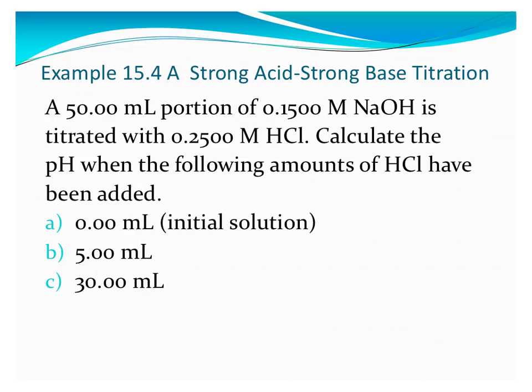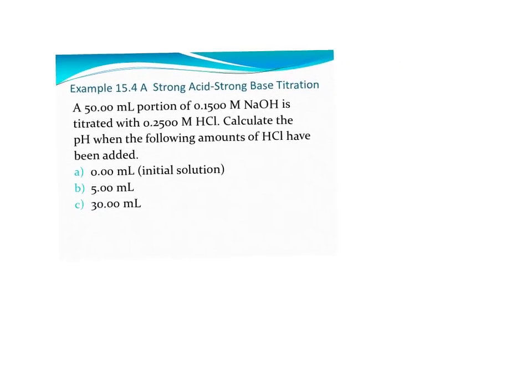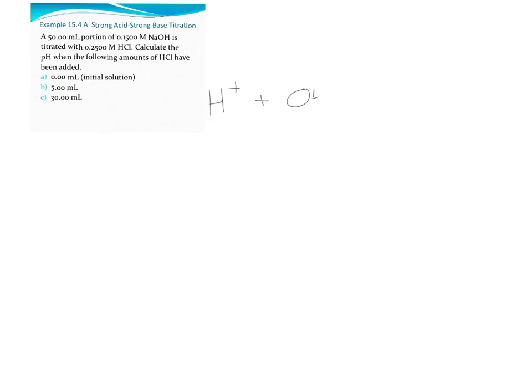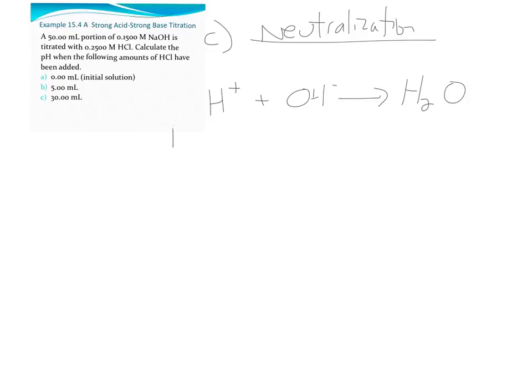Same problem, part C then, let's reset. It says if we had 30 milliliters of acid. So let's do this again. We want our H plus and our OH minus making H2O. This is again a neutralization, which means we want a limiting reactant problem, not equilibrium.